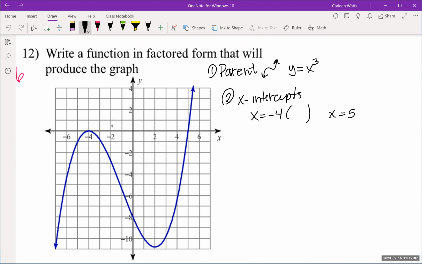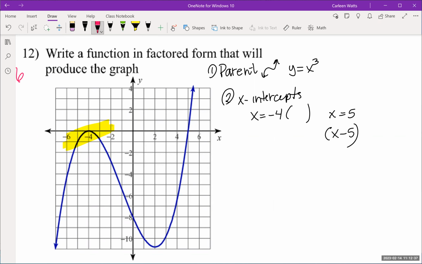It's exponent 3, it's cubed, but I only got 2 intercepts. What went wrong? Oh, thank you. Okay, this one is going to be x minus 5. Everyone see that? We're going to change the sign.